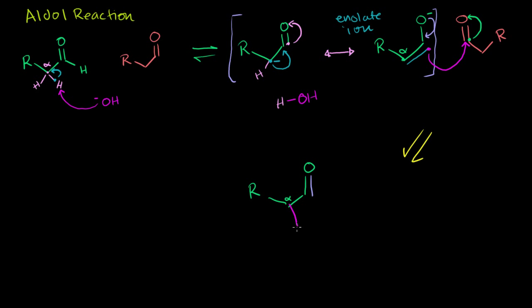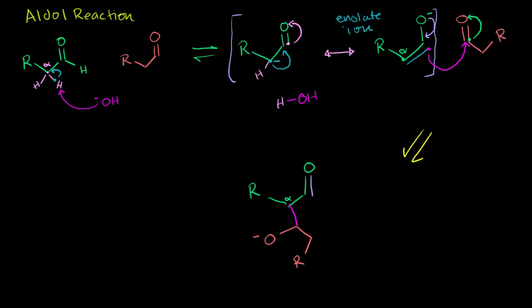So that carbonyl carbon now has a single bond to this oxygen. This electron was taken back by it. So this oxygen now has a negative charge, and it is bound to its alpha carbon. And then that is bonded to another group, probably a carbon chain or another functional group, whatever you want to call it.